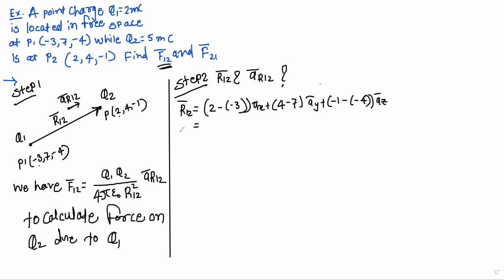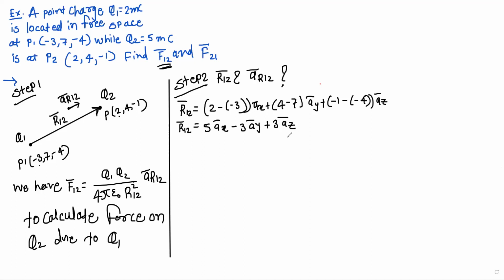Can someone calculate and tell me the vector R12? It's 5 A bar X minus 3 A bar Y plus 3 A bar Z. This is your vector.